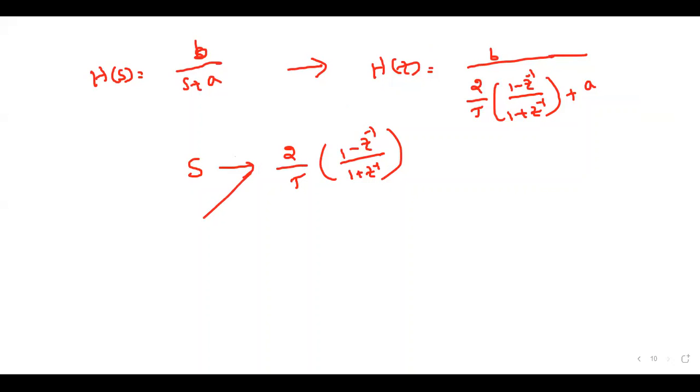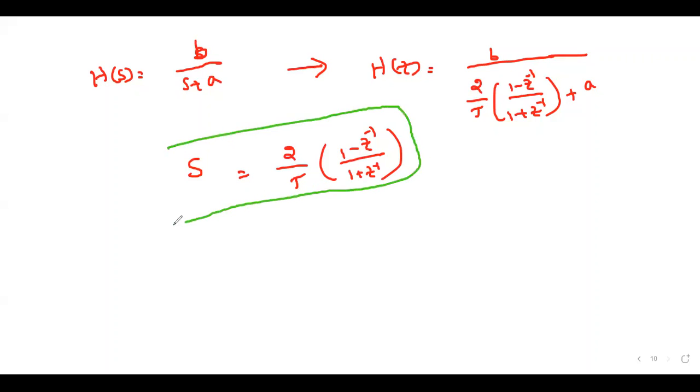So wherever you have the s in the analog filter, we just have to keep this 2 by T into 1 minus z inverse by 1 plus z inverse. This is the bilinear transformation. Please understand this. Any doubts so far? No, sir.